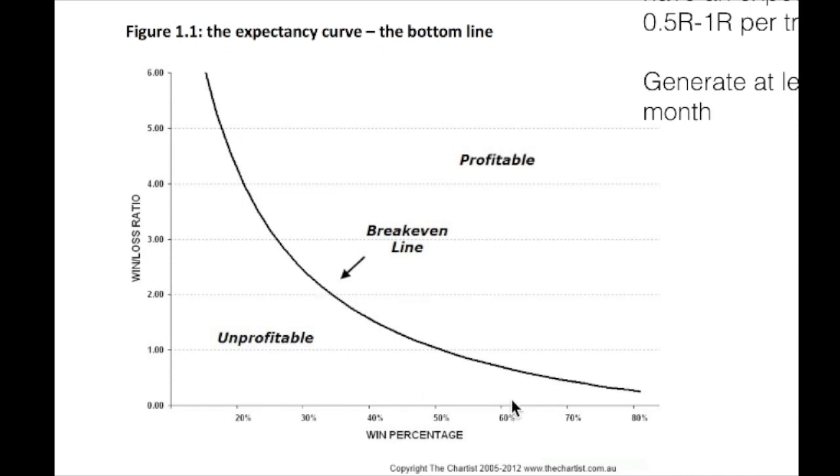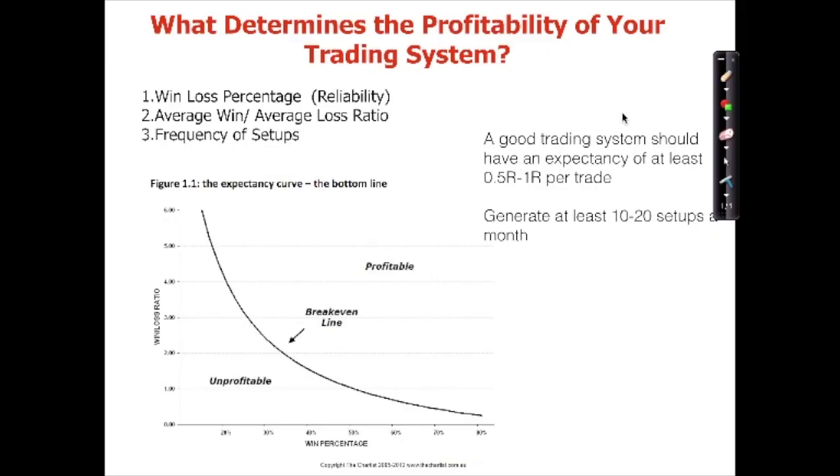In fact, if you risk 1:2, even if your win rate is 50%, you are very profitable, right? So a good trading system should have an expected profit per trade of at least 0.5R to 1R per trade and generate at least 20 setups a month. That makes a good trading system.